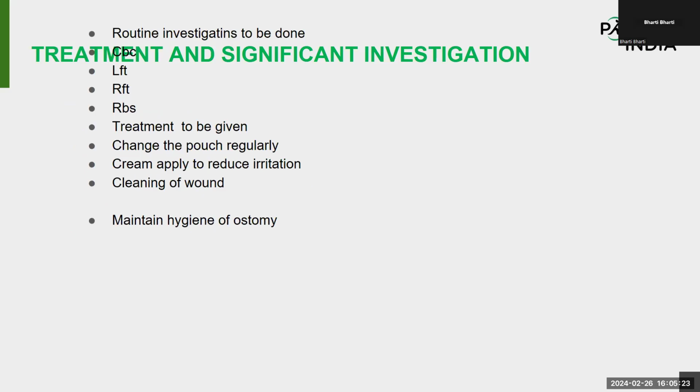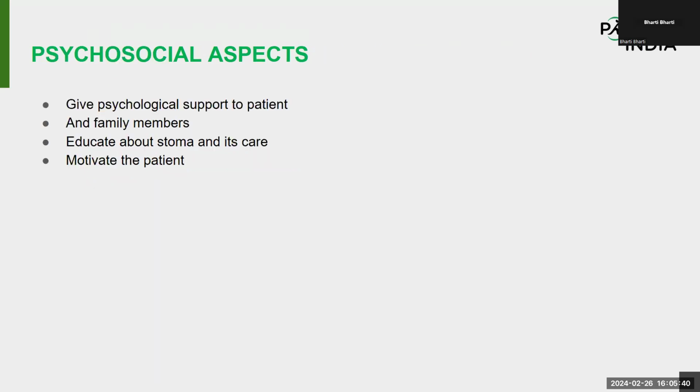Treatment and significant investigation: routine investigations to be done, CBC, LFT, RFT, RBS. Treatment to be given: change the pouch regularly, apply cream to reduce the irritation, cleaning of the wound, and maintain hygiene of the ostomy. Psychosocial aspects: give psychological support to the patient and family members, educate about the stoma and its care, motivate the patient.